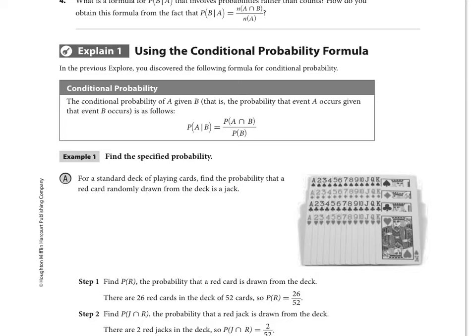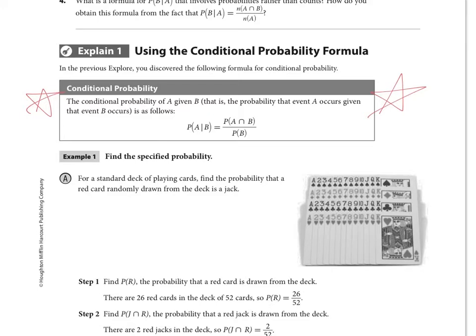So I'm on Explain 1, page 1139, and of course we're looking at our lovely boxed off information. This is stuff you're definitely going to want to know and commit to memory, formulas that we're going to be using for the remainder of the module.